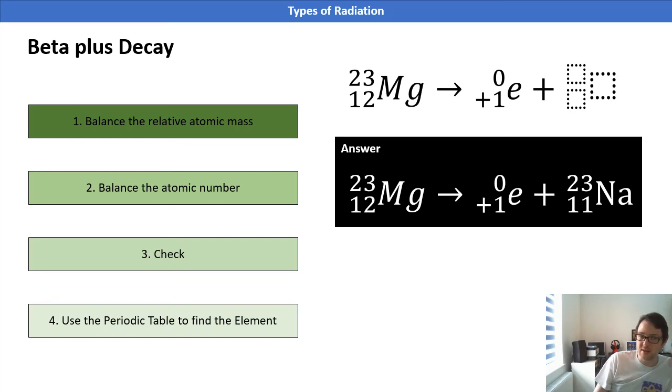And again, like the previous one, we can see that the total number of protons and neutrons hasn't changed, but this time we've lost a proton, so we must have gained a neutron. Therefore, it's a proton changing spontaneously to a neutron, emitting a beta plus particle.